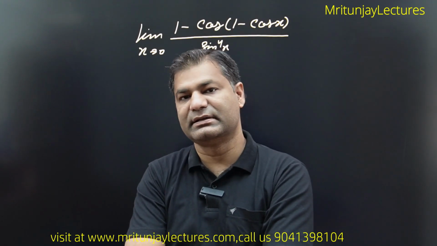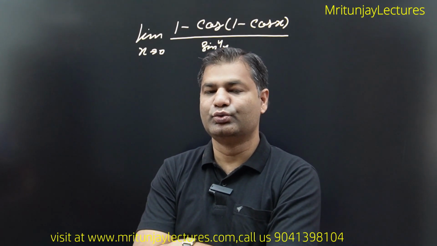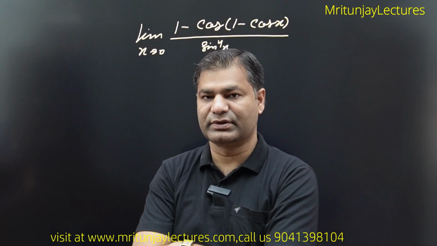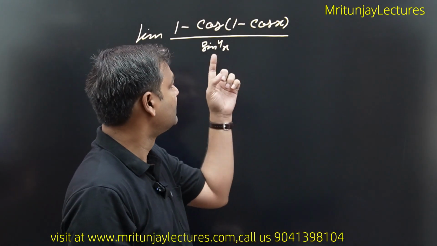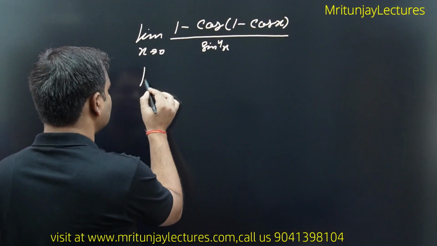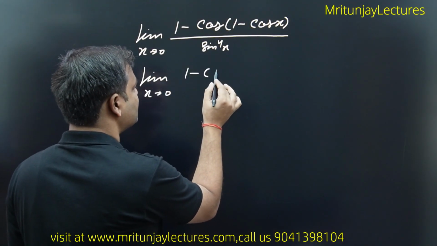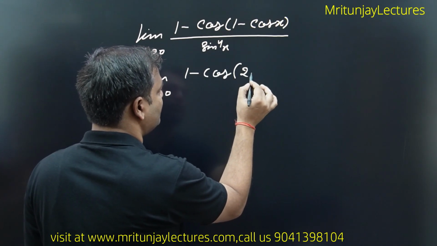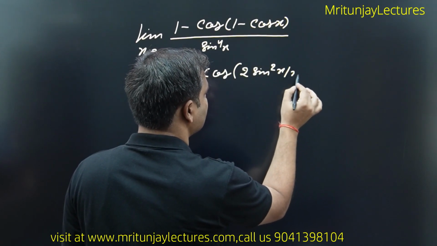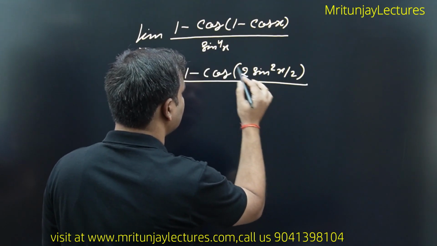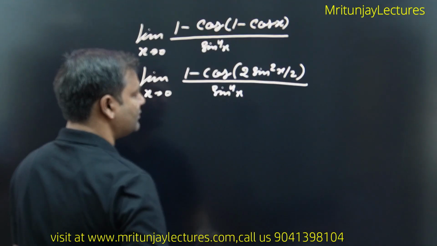Simply, I know that 1 minus cos x is 2 sin square x by 2. So limit x tends to 0, 1 minus cos x written as 2 sin square x by 2, divided by sin x to power 4.